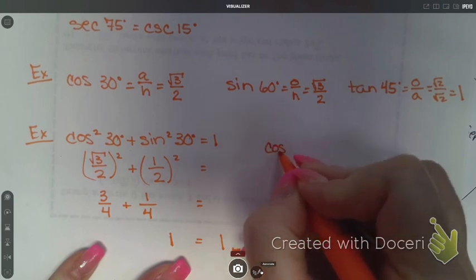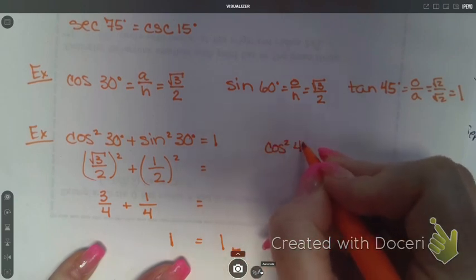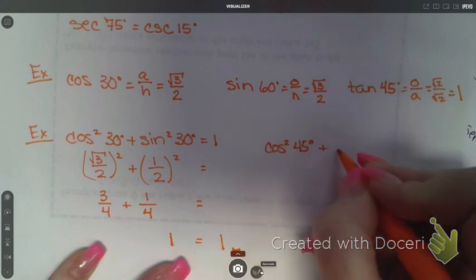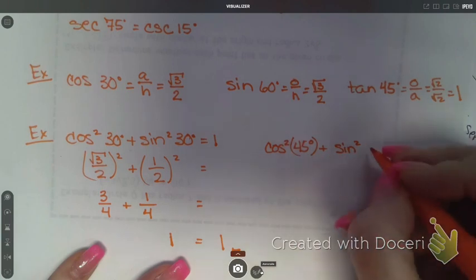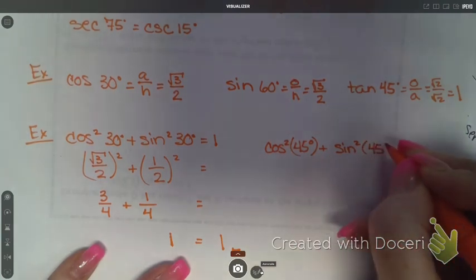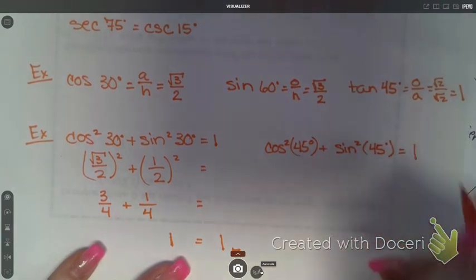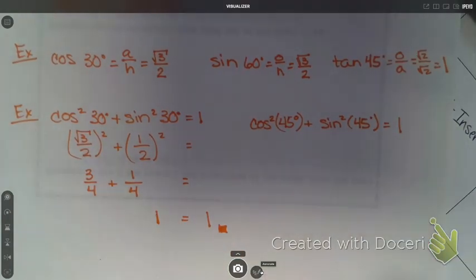So cosine squared of 45 degrees plus sine squared of 45 degrees equals 1. Those parentheses are important, guys. I can show you an example if somebody didn't, and it was horrible.